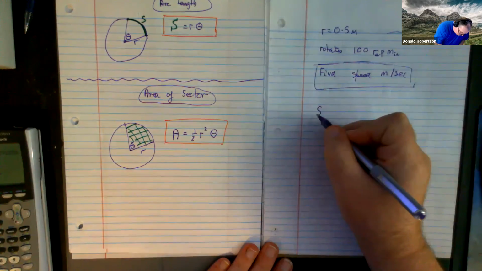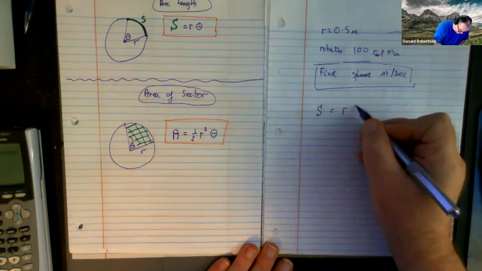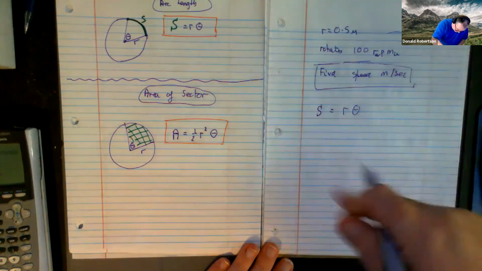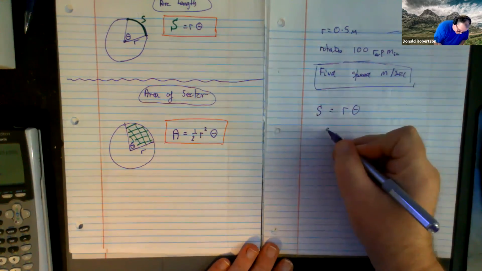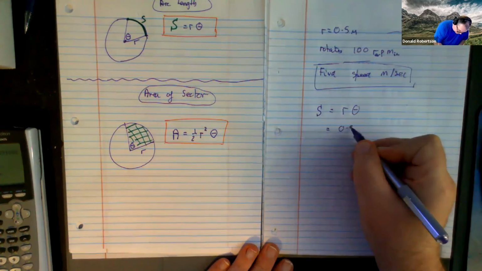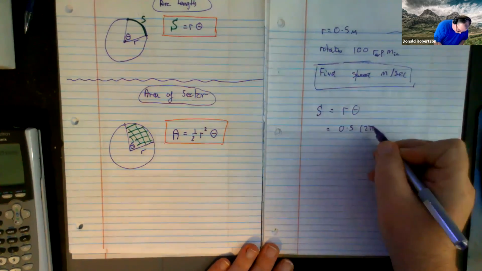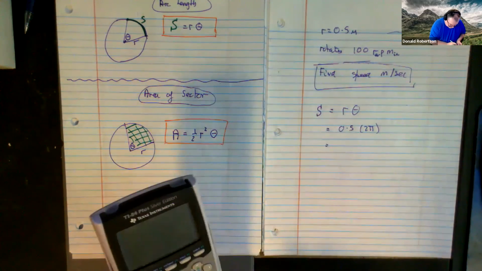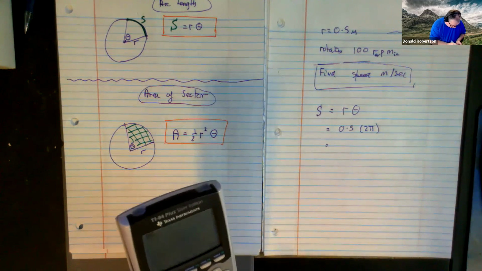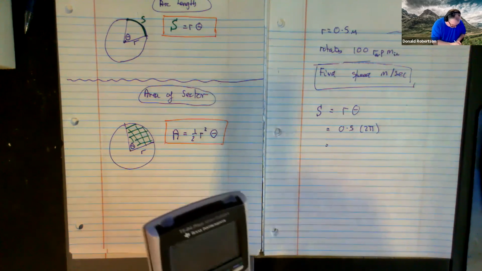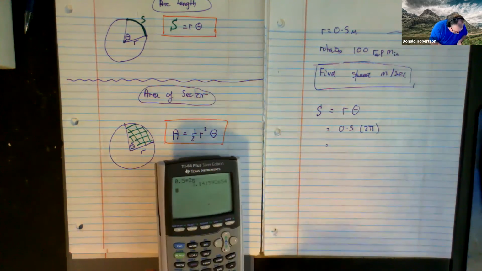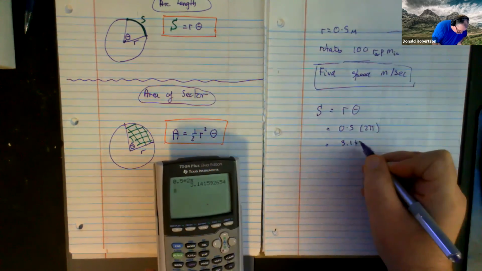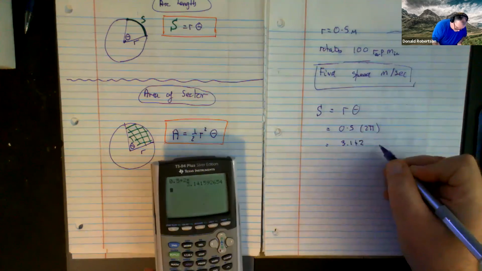So arc length, r theta. I'm basically finding out what one circumference would be. In this case, the radius is 0.5, and in one revolution, it would go 0.5 times 2 pi, which is about 3.142 meters.